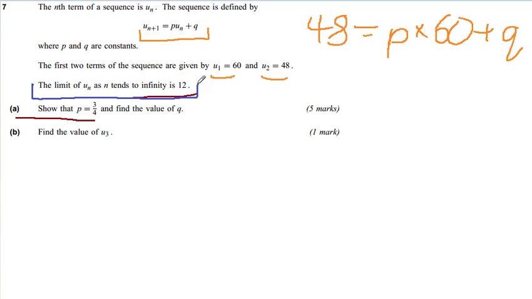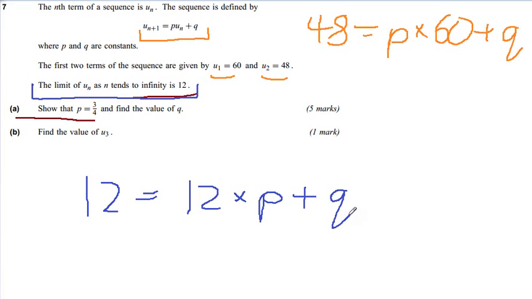If you pick some ludicrously high number, then the next one after that is going to be 12. So we can say that 12 is equal to 12 times P plus Q. So there we have our two simultaneous equations.